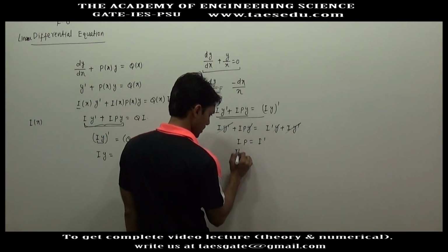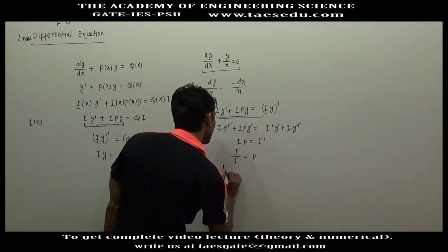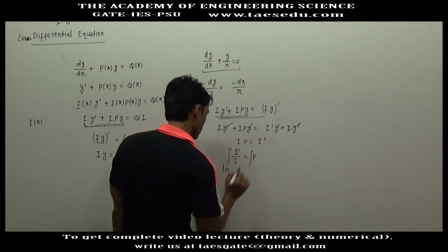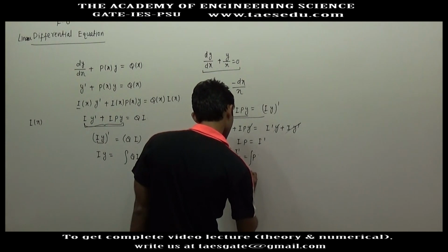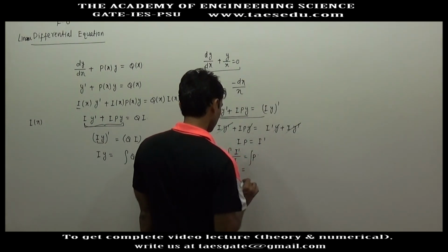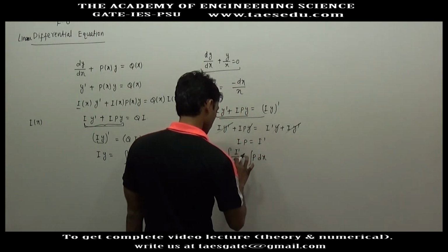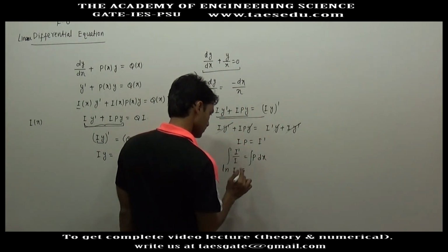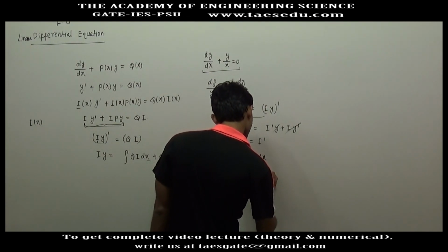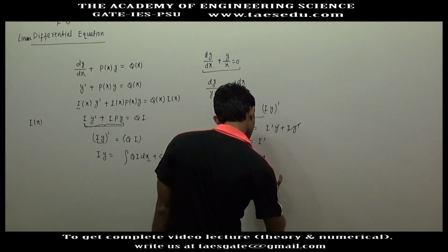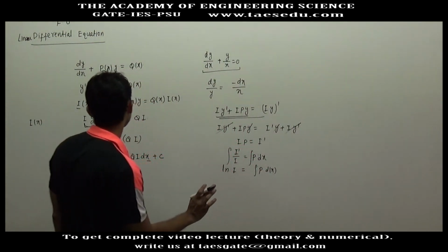Or I dash by I will be p, or if we integrate both sides in terms of x, we will have ln I is equal to, since I is a function of x, integration of p dx plus c.